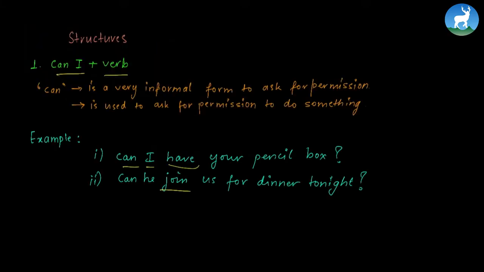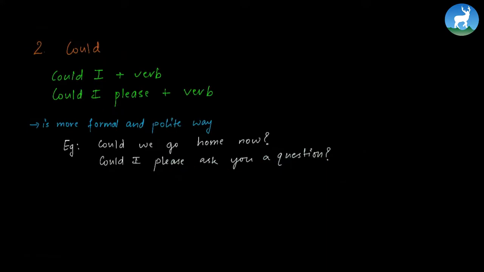These are the modal verbs: can, could, may, might. And we use these verbs to ask for permission. So the first structure was "can I" plus verb, which is the most informal way of asking for permission. And we had some examples here, like "can I have your pencil box" or "can you join us for dinner tonight?" These are basically the informal ones because you're using the structure "can I". So we moved forward with a little bit more formal form, that's using "could".